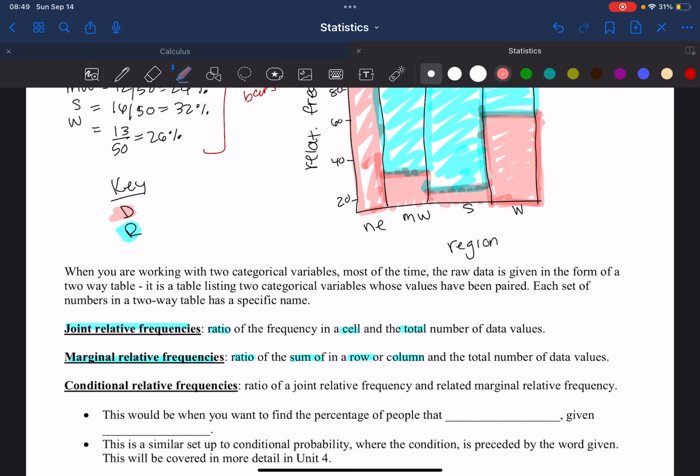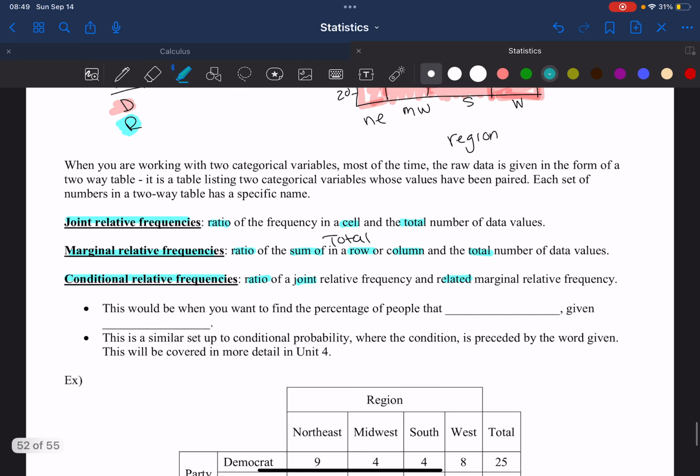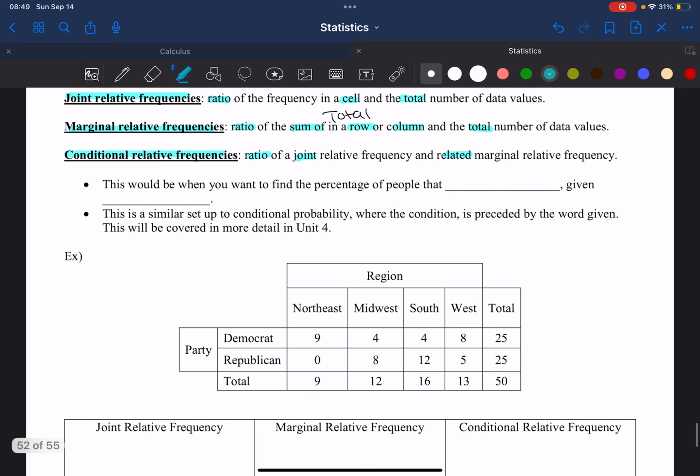So think of it almost like the total of the row or column divided by the total of all the data. And then conditional relative frequency is the ratio of joint divided by relative based on what the problem is giving you.